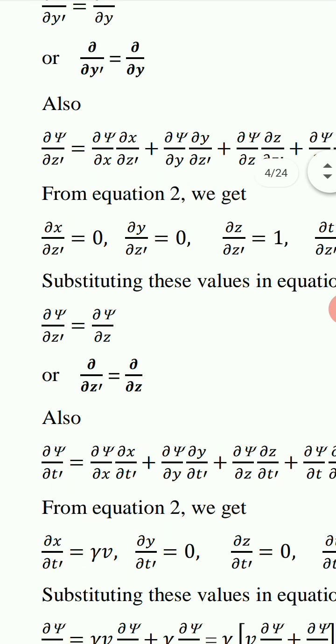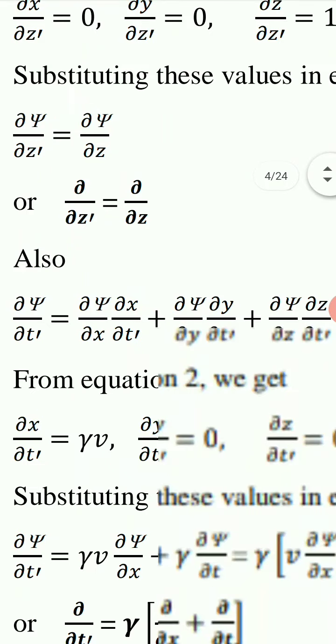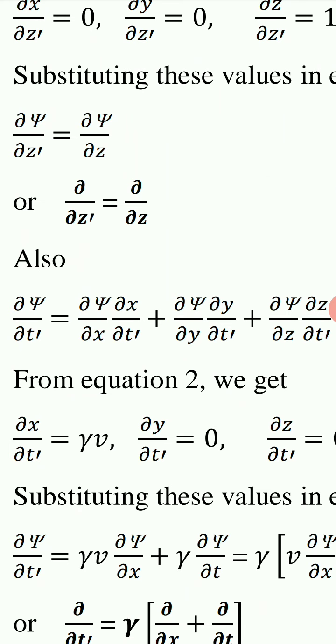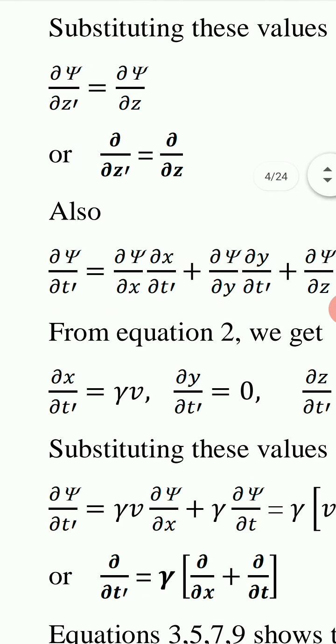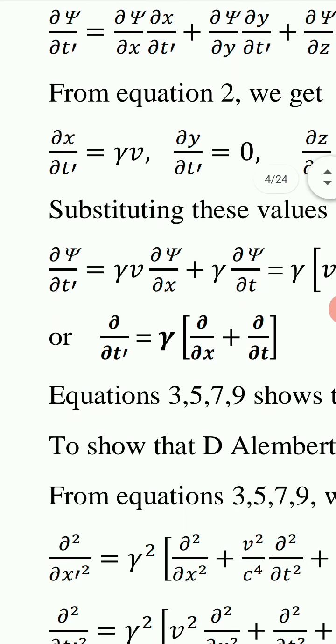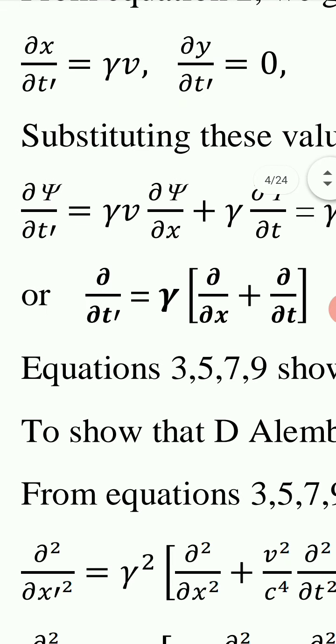Similarly, for z, delta upon delta z dash equals delta upon delta z, and at last we find the relation for delta upon delta t dash. Delta upon delta t dash comes out to be equal to gamma into delta upon delta x plus delta upon delta t.